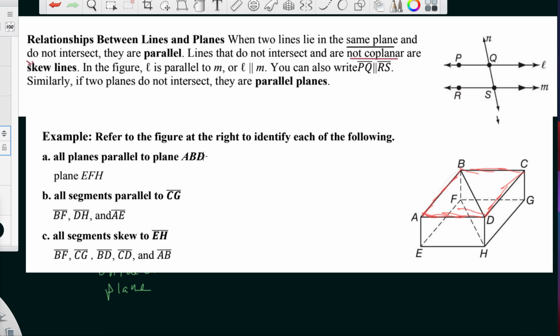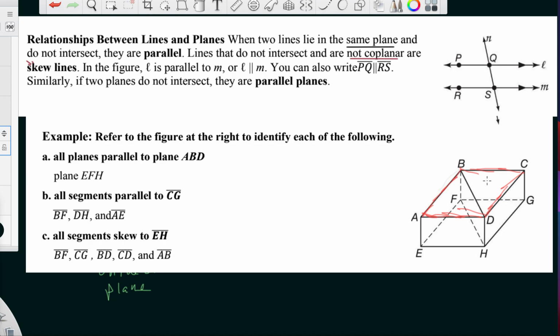And why do they name a plane with 3 letters? Because if you have 3 non-collinear points, they don't all exist on the same line, they form a plane. They exist on the same plane. So that's why we label a plane with 3 points.